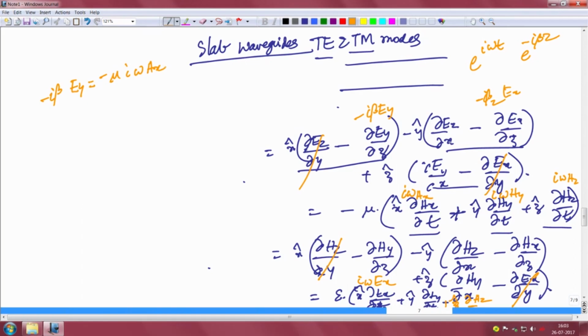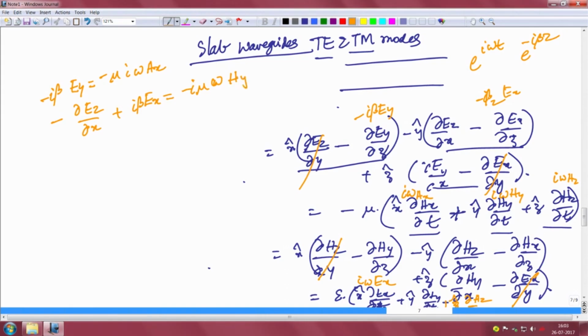We have from the other one, for y, minus dEz by dx minus or plus I beta Ex should be equated to the y component here, minus mu I omega Hy.